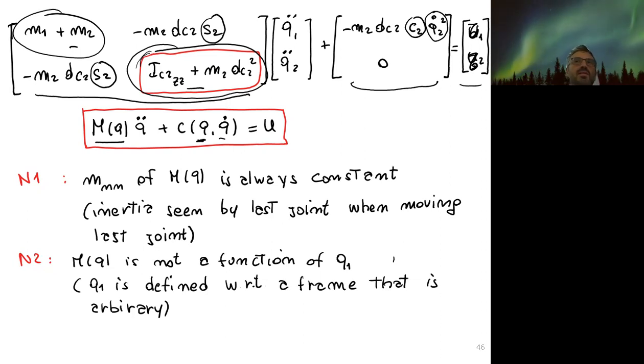So if you locate the 0 frame here, you have Q1, you remember, you will start, I don't know, this position will correspond to 60 degrees. If you put it like here, it will be 90 degrees. So it means that you would have an inertia that has different values if you locate differently the initial frames. And this is not possible because it's a physical property.